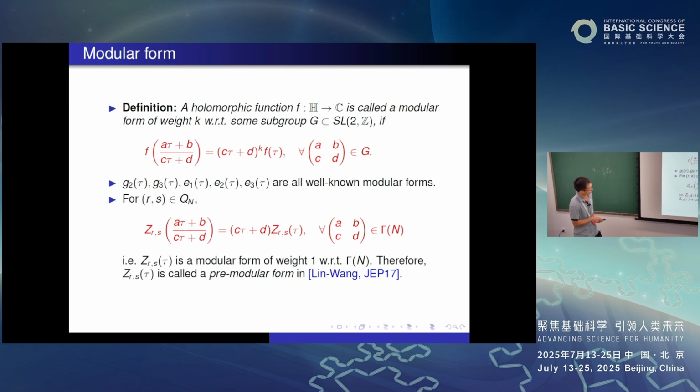So it is a modular form of weight 1 with respect to Gamma_n. For general r, s, this Z_{r,s}(tau) is not a modular form. But when r, s are both rational numbers, then this Z_{r,s}(tau) is a modular form. Due to this reason, we call this Z_{r,s}(tau) a pre-modular form.